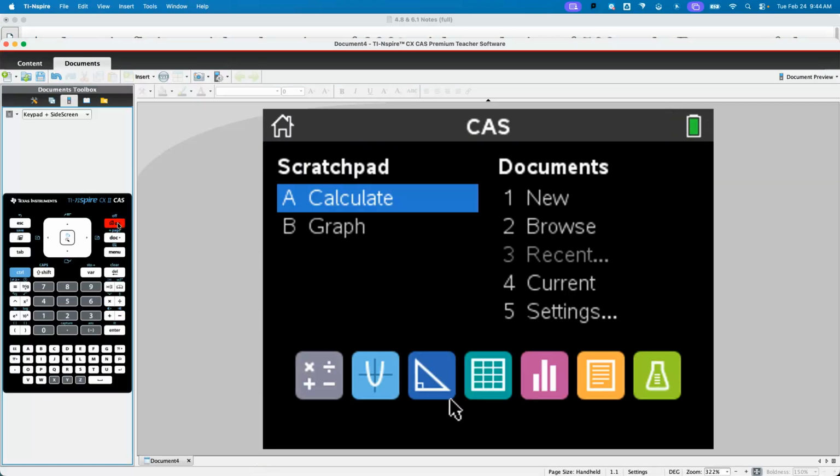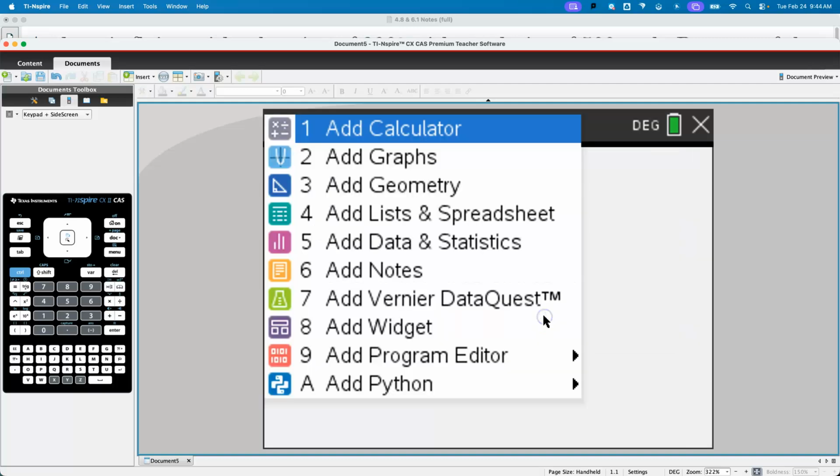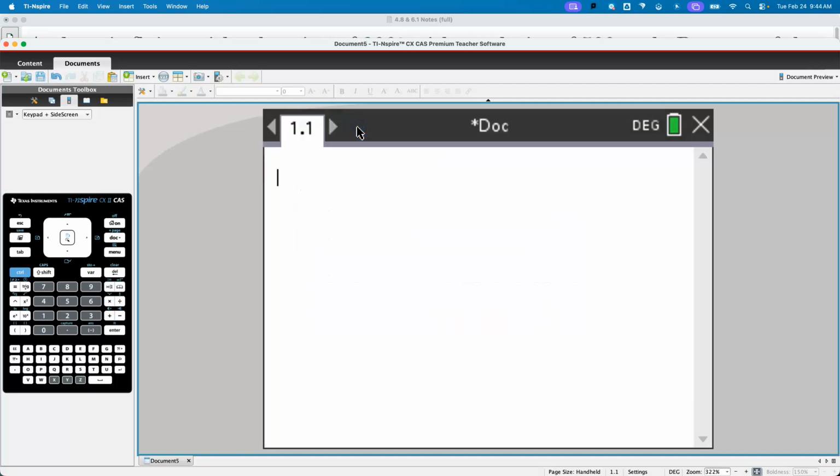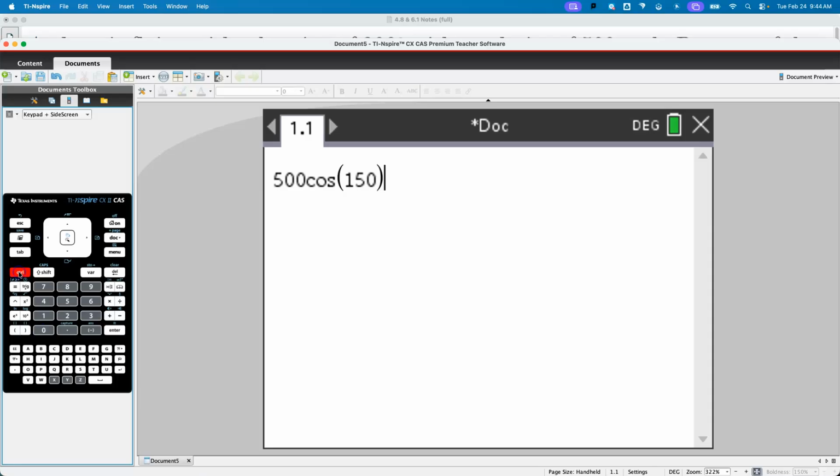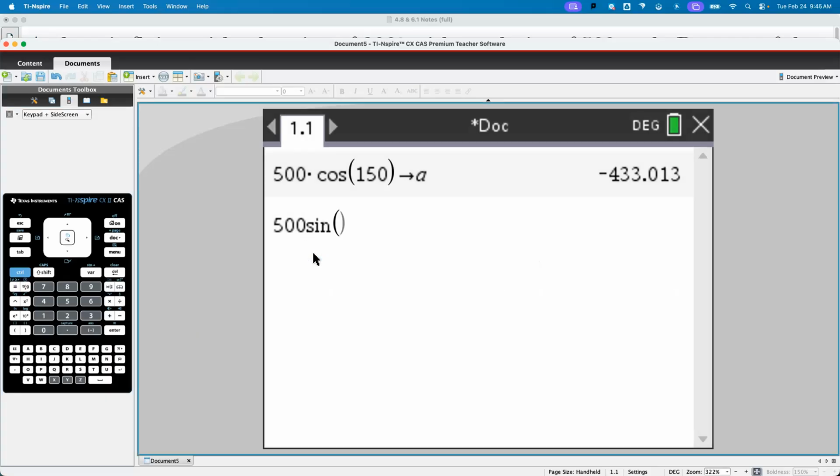Get a new calculator going here. 500 cosine of 150, 433, and then 500 sine of 150.